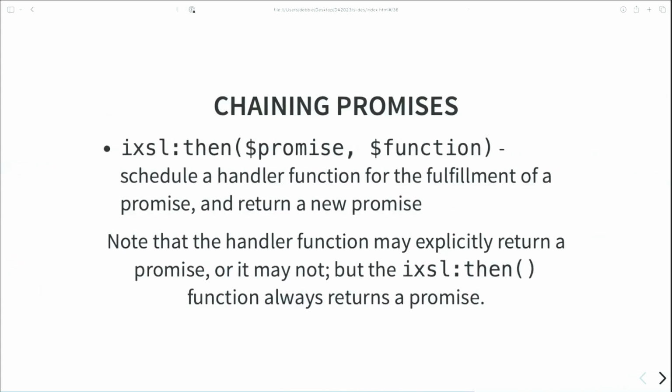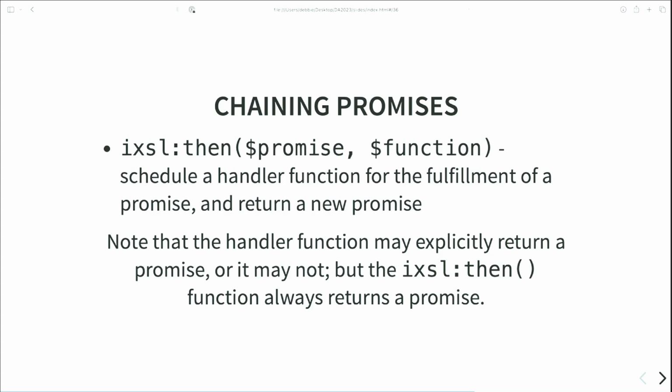Okay, so here we go. Here's the method for chaining promises within XPath. So there's a new method, ixsl:then, which takes a promise as its first argument and a function, which is going to be the handler function for the fulfillment of that promise.